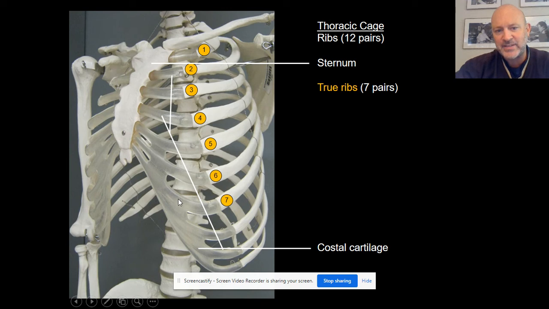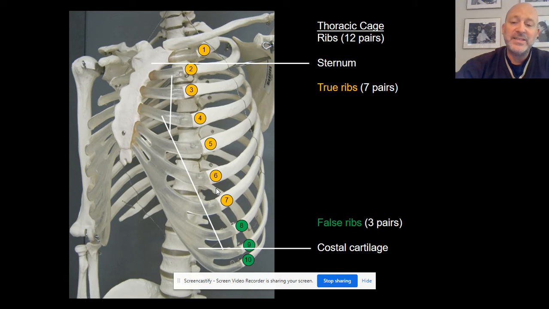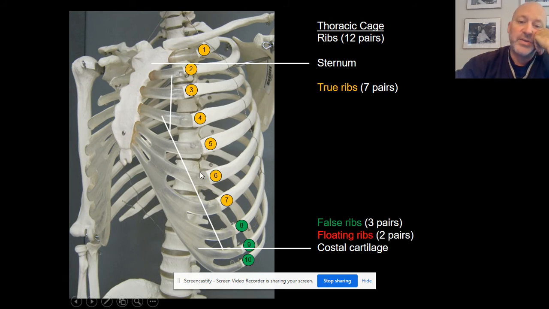It piggybacks off of the 7th. And that is true for the 8th, 9th, and 10th one. So for that reason, we call the 8th, 9th, and 10th one false ribs. Their costal cartilage doesn't articulate directly. And then we have two more in the back, floating ribs. They don't articulate with anything.